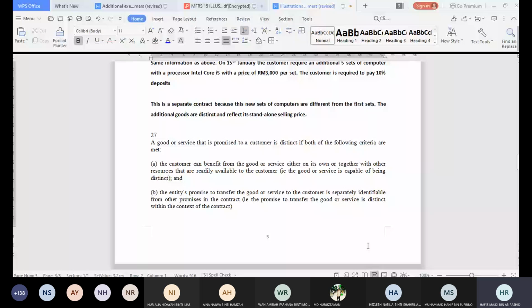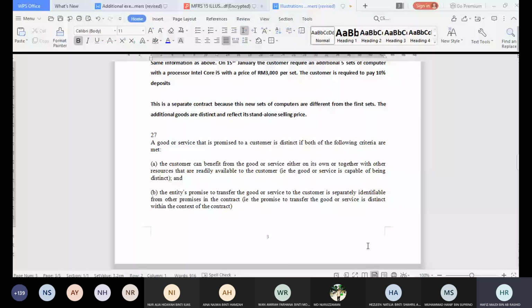When you look into additional goods or services which might modify the original contract, if the additional goods and services are distinct, and the price of the additional goods reflects its own price, then just create a new contract.